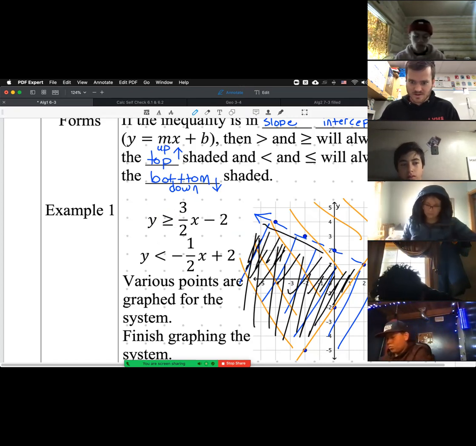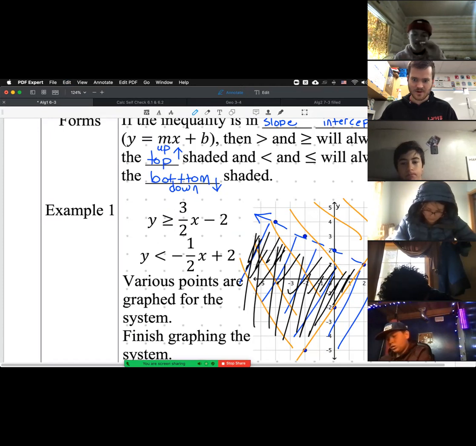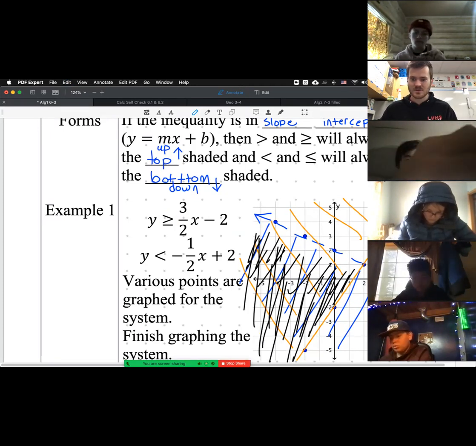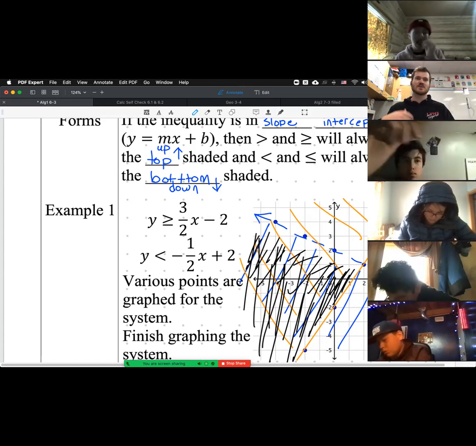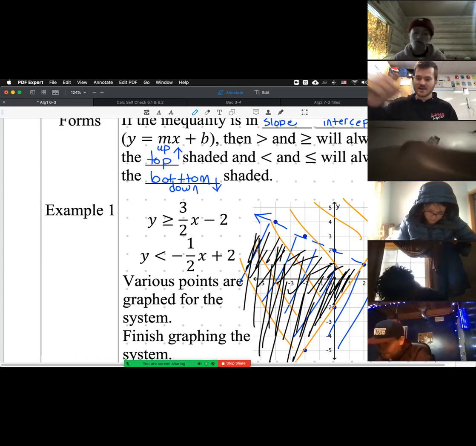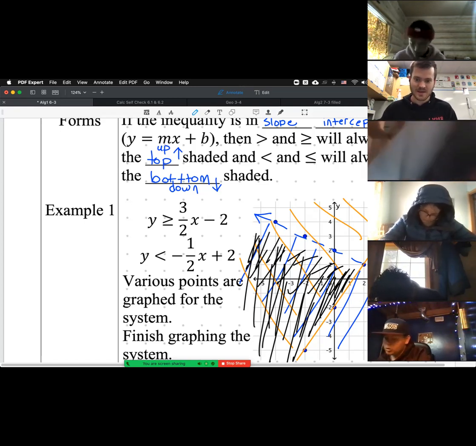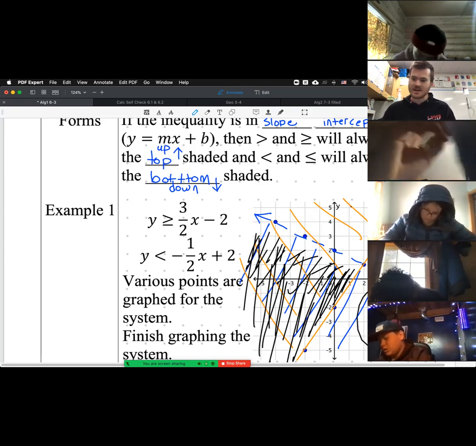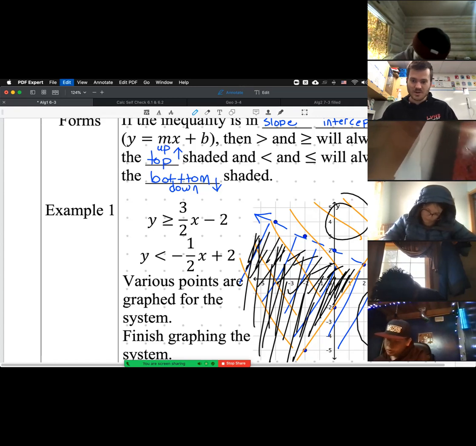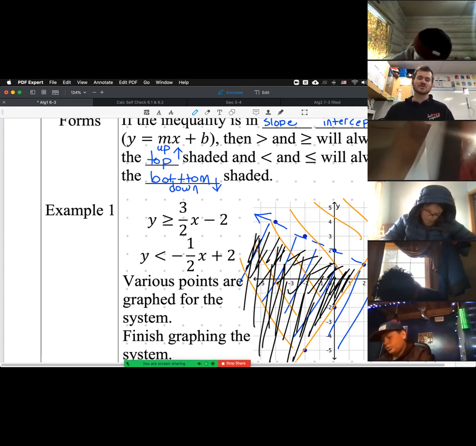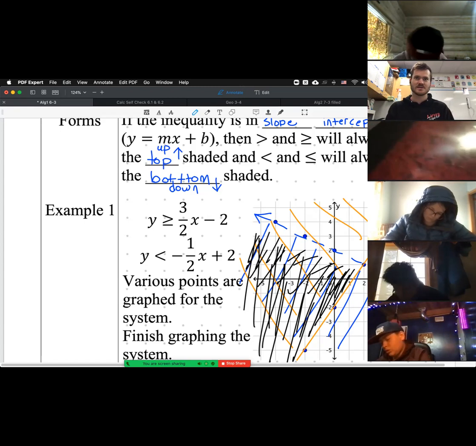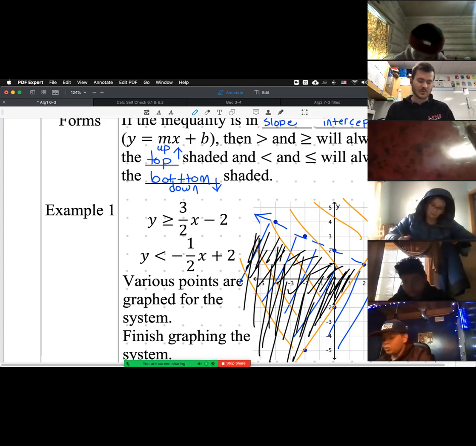I don't want to make that line because there should be a dashed line for the top part and a solid line for the bottom, but that should be the darkest region because that is the true answer to this system. It has to be one of those 4 parts: this left-hand piece, not this piece, not this piece, not this piece, only this left-hand piece. That's the answer to both of these inequalities. And we're done.